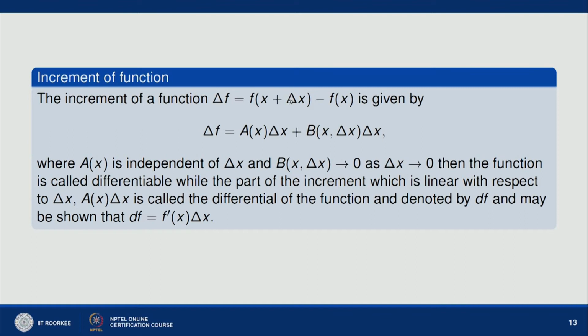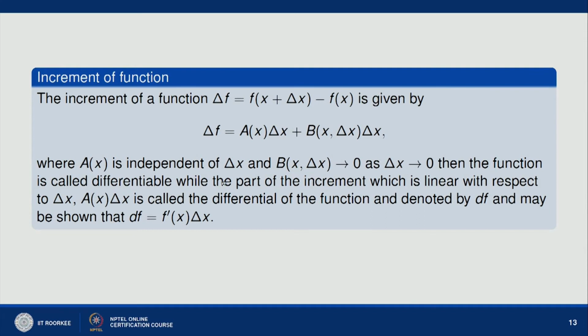This is the increment, and if this increment is written as a of x times delta of x plus b of x delta x times delta x, where a of x is independent of delta x and b is tending to 0 as delta x tends to 0, then in this case we can say that this function f is called differentiable.